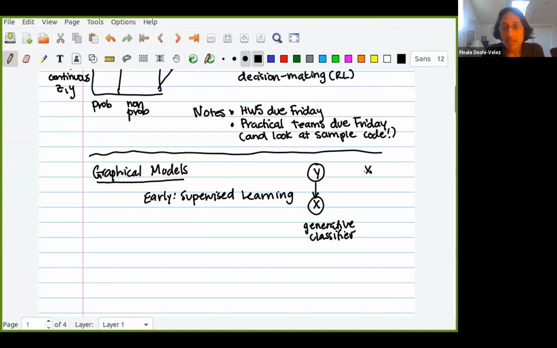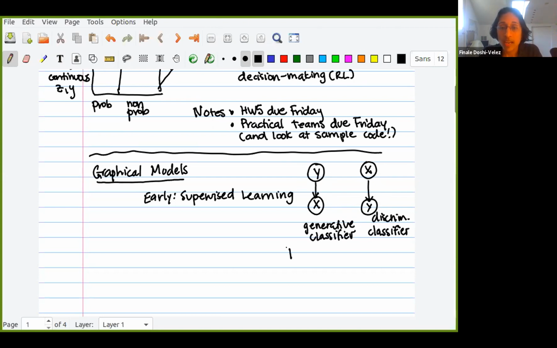And then we also drew pictures like this, where X creates Y, and that was our model for the discriminative classifier. And what these pictures were trying to describe were the story, right, of how the data come to be. So in some sense, they're both generative models, but they have these different names. But the idea here is that there's some hidden label Y, and then you choose that hidden label Y, and you use that to generate the X's.